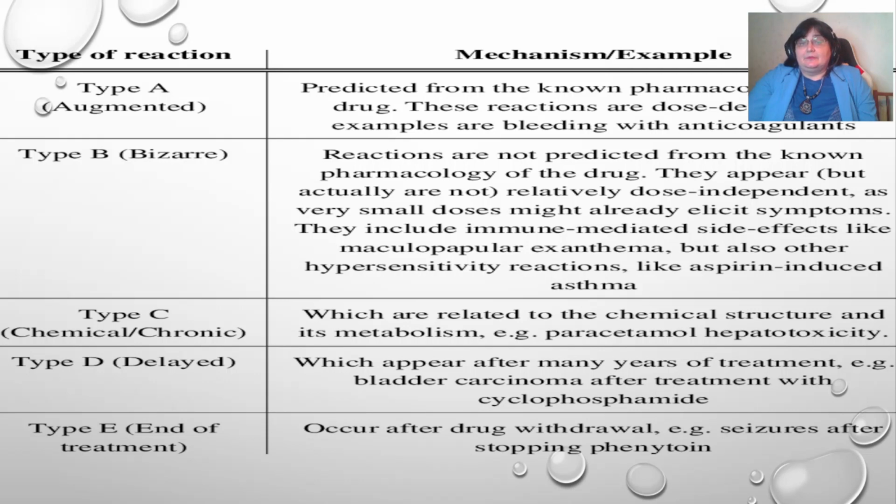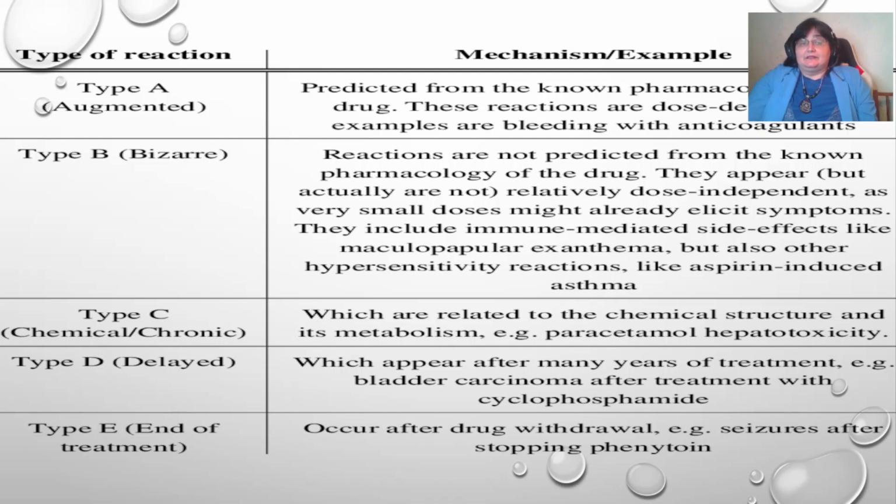They appear to be relatively dose independent, as very small doses might already elicit symptoms. They include immune-mediated side effects like maculopapular exanthema, but also other hypersensitivity reactions like aspirin-induced asthma.